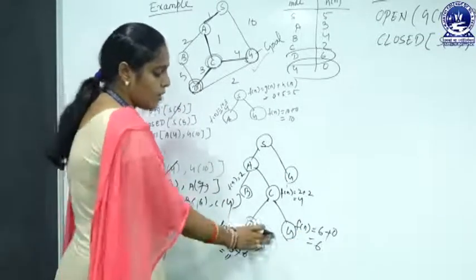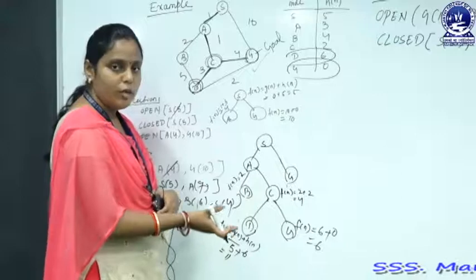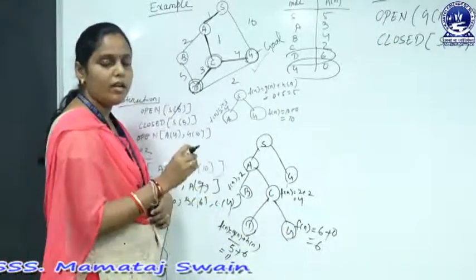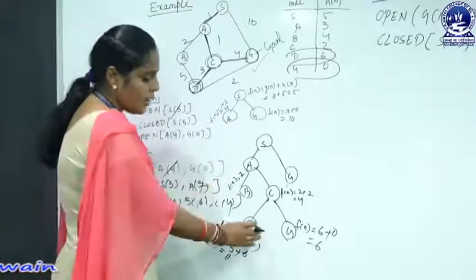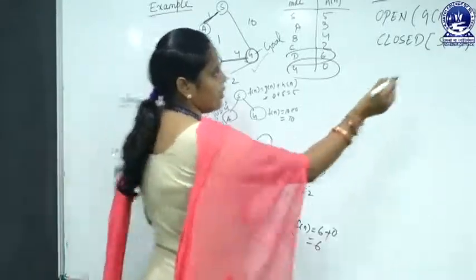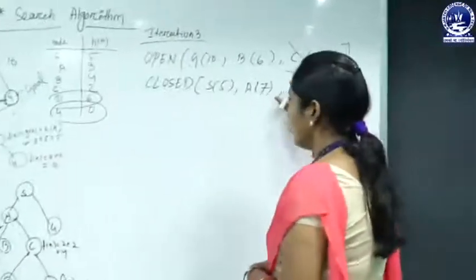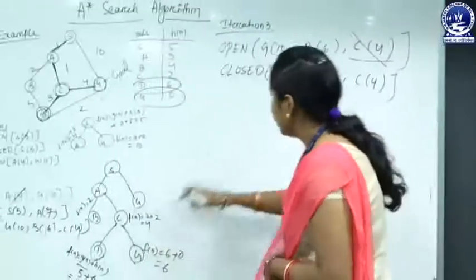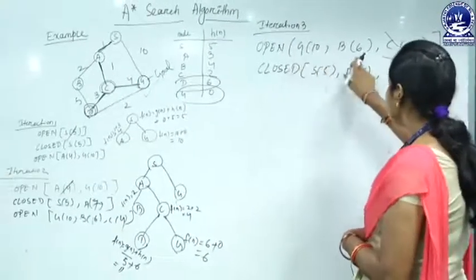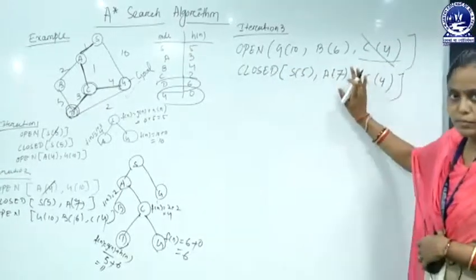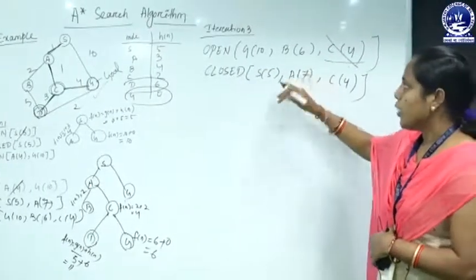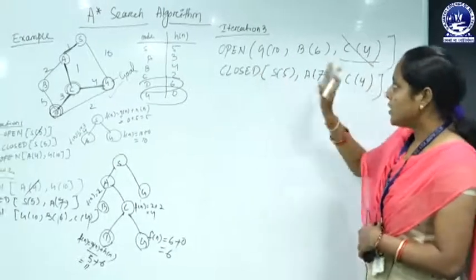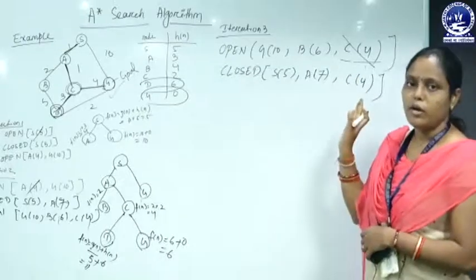After checking the evaluation function value, again we check whether these successor nodes are present in your open list or closed list. Here you check the node D. The node D is not present in your open list as well as in your closed list. Then check for the node G. Here you check whether the node G is present in your open list. That means here we add the node G in your open list and we add this node, that is the back pointer of our open list.